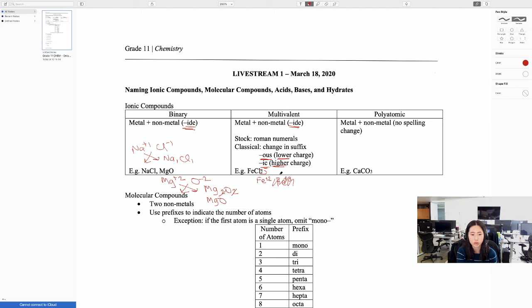And that's why when you name this, this would be iron 2, and this would be chloride. So iron 2 chloride.